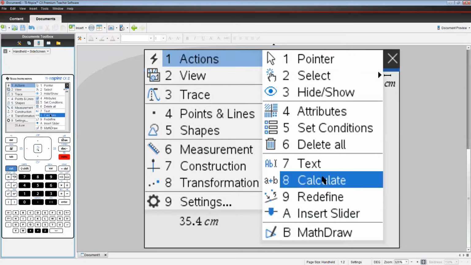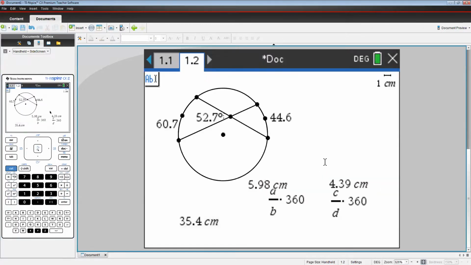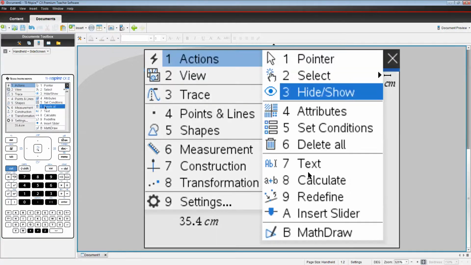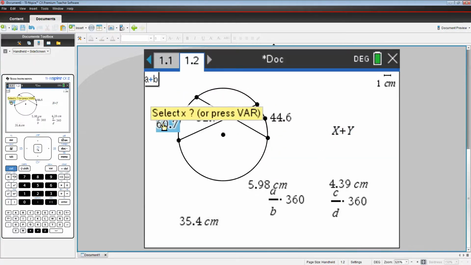One more calculation. I'm going to add those two arcs together. So I'm going to make it x and y. I don't know why they're capital. I think my caps lock is on, but it doesn't matter. So menu, actions, calculate, this plus this. And that's 105 degrees. All right.